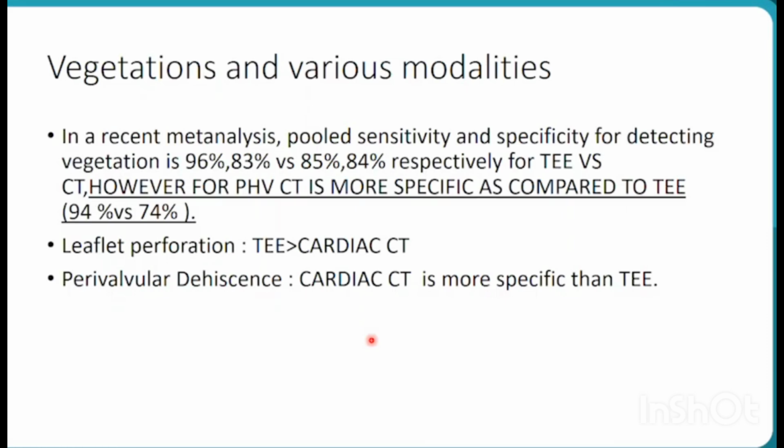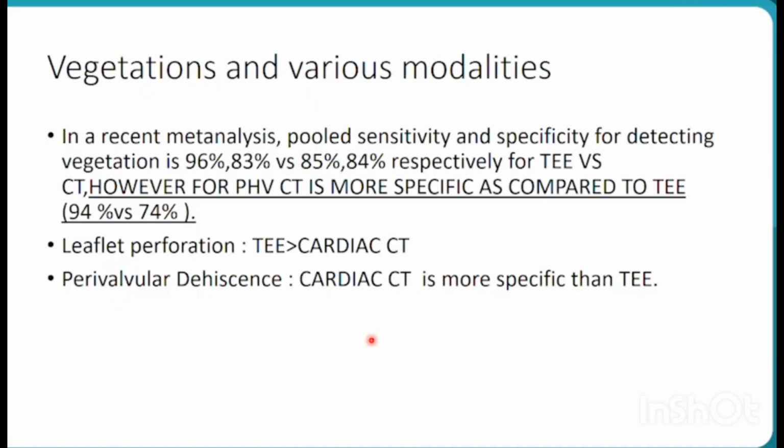In a recent meta-analysis, the sensitivity and specificity for detecting vegetation, comparing TE versus CT, was 96% sensitivity and 83% specificity for TE versus CT, but that is for the native valve. If you are evaluating the prosthetic heart valve, CT is more specific as compared to TE.